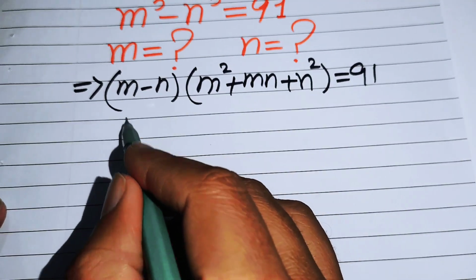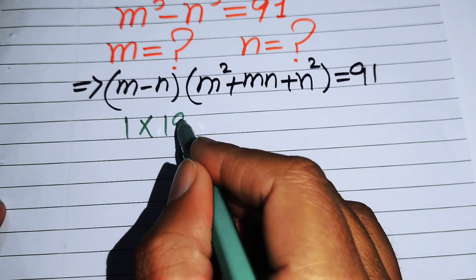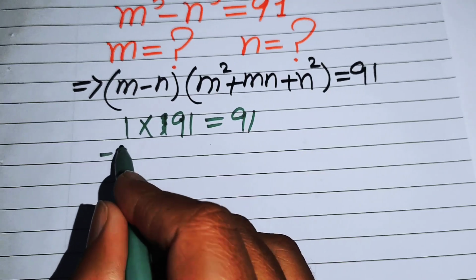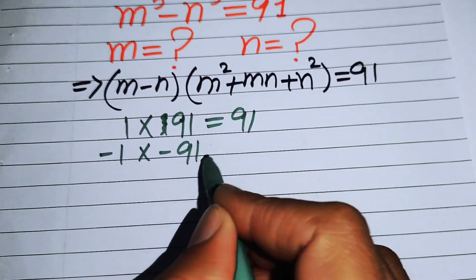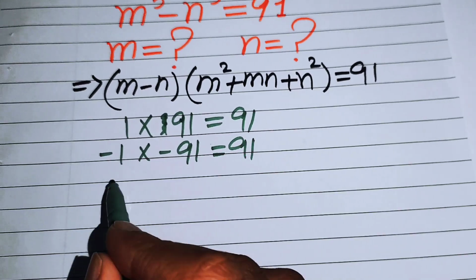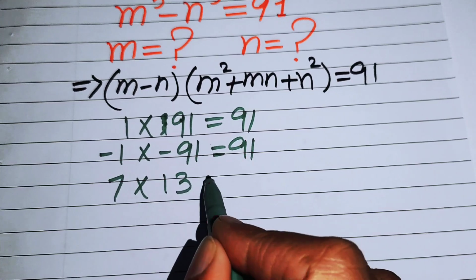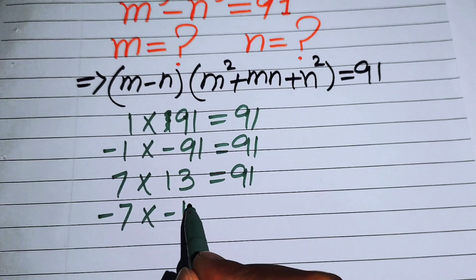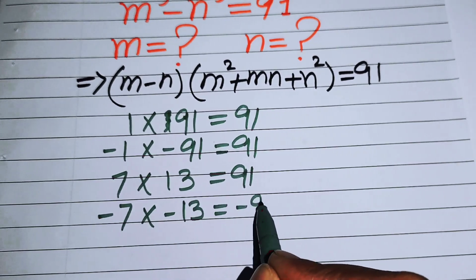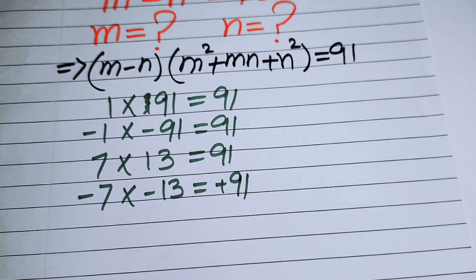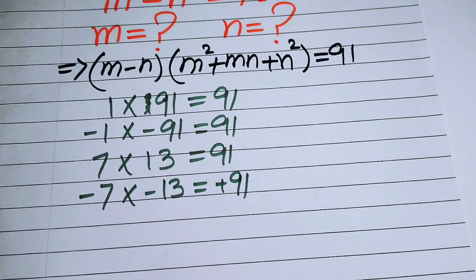These possibilities are 1 times 91, which equals 91, and minus 1 times minus 91, which is again 91, and 7 times 13 equals 91, and minus 7 times minus 13 equals plus 91.